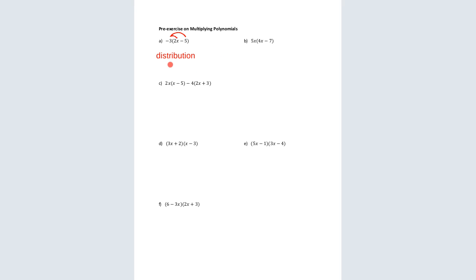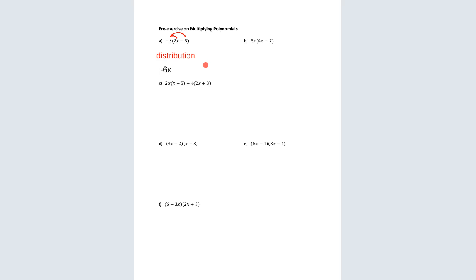So for example, the answer to this one is going to be just that multiplication of negative 3 times 2x, which will give us negative 6x. And negative 3 times negative 5.